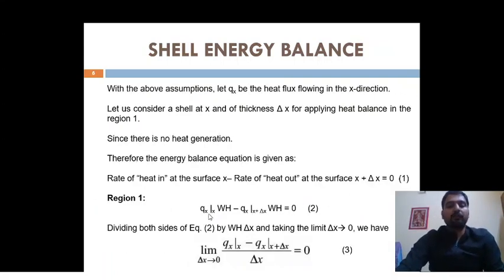So Qx is the flux in the x direction at surface x, multiplied by the cross-sectional area, minus Qx at the surface x plus delta x, multiplied by the cross-sectional area W into H, is equal to 0.